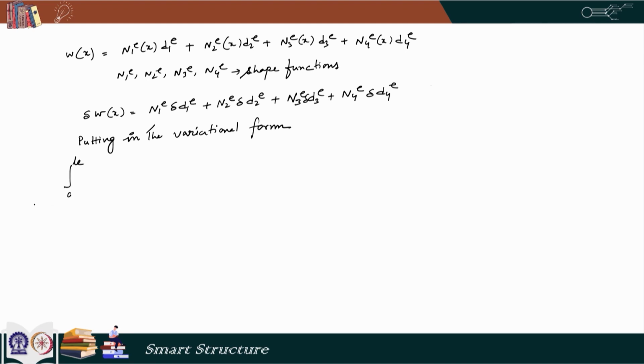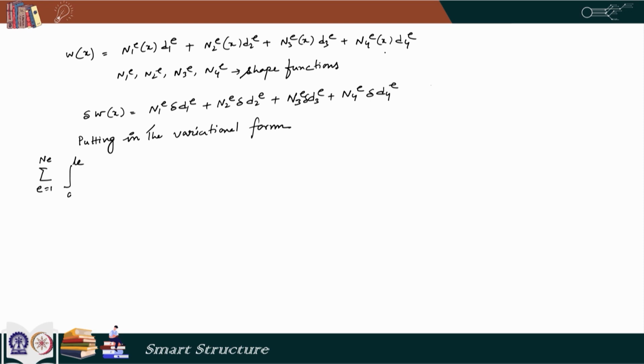Our entire domain was x equal to 0 to capital L, the length of the beam. However, we have divided the beam into a set of elements and the total number of elements is n e. So, we should do the integration now piecewise and then add up for all the elements.